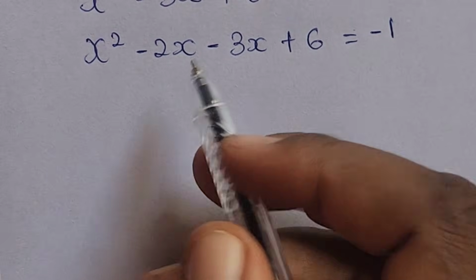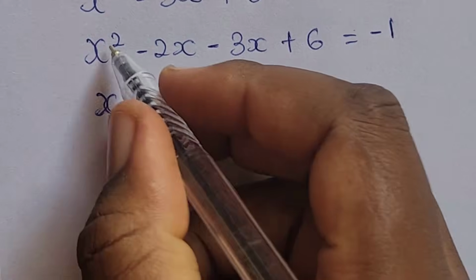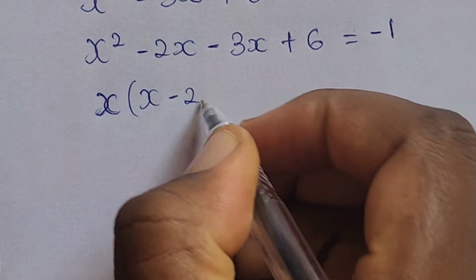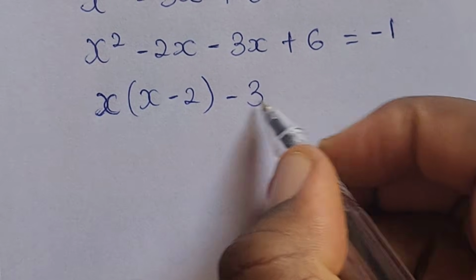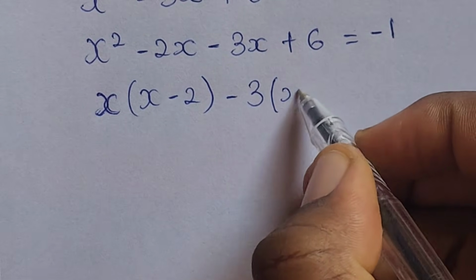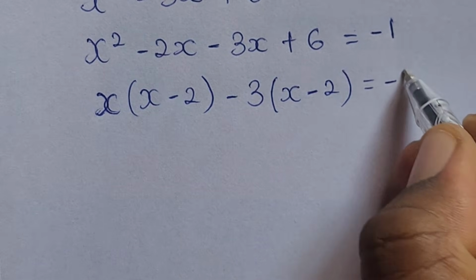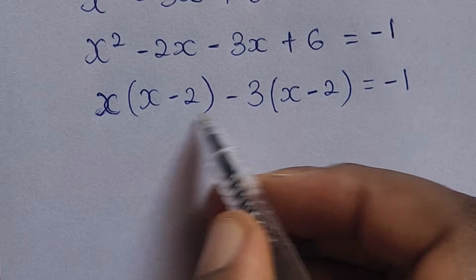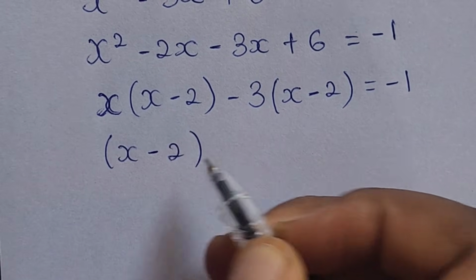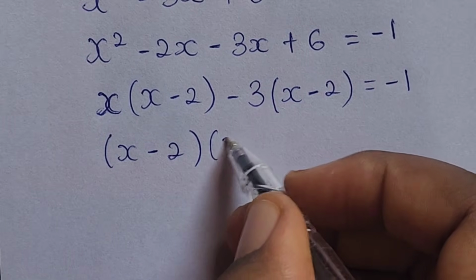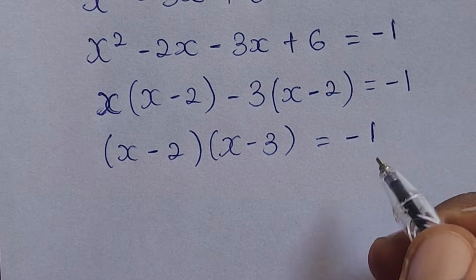From here, x is common, so we have x times x minus 2, and we have 3 common here, so we have x minus 2 left, and this is equal to minus 1. Let's pick the common factor out, which is x minus 2. We have (x minus 2)(x minus 3) equal to minus 1.